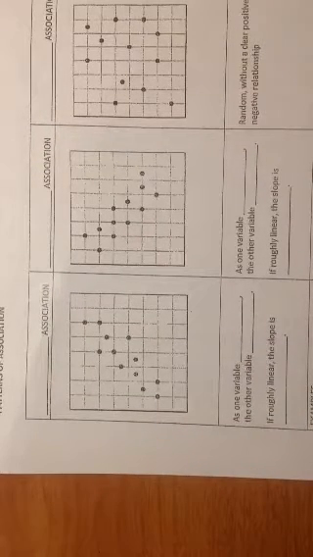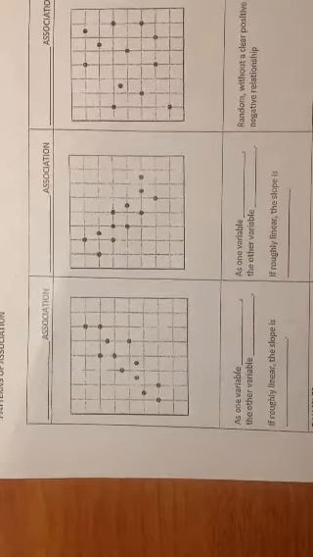All right? So right now, we're going to look at some graphs. And we want to see what's happening to our graphs. So here we go. We're going to look at the pattern of association. All right? What kind of association do we see? All right?